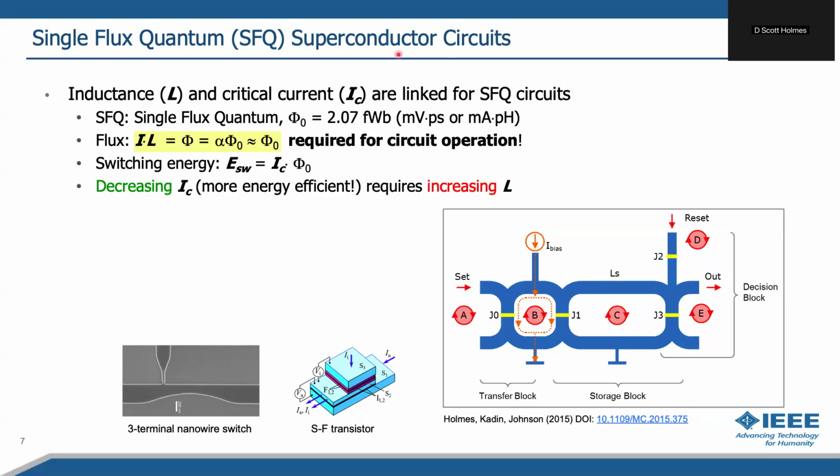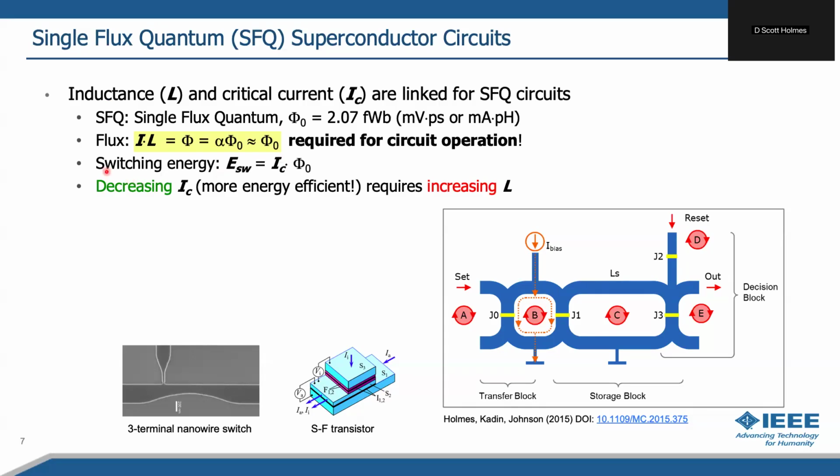We have to look at inductance and currents. So for single flux quantum, you have a certain amount of flux, and that's like current times inductance. So we need the current times inductance in our circuit to be on the order of a flux quantum. Sometimes we want it to be a little less, sometimes a little bit more.